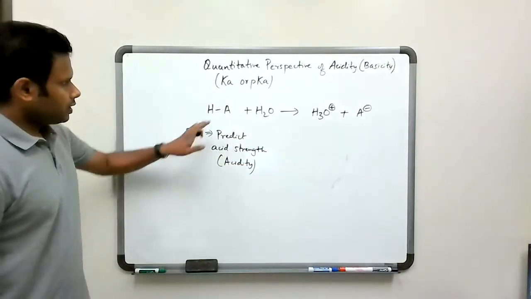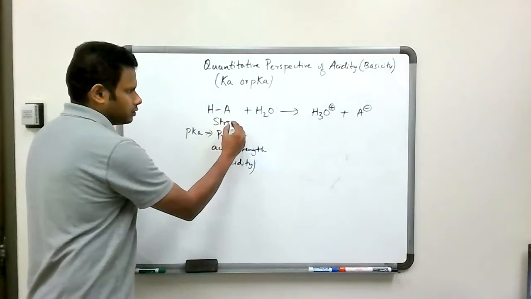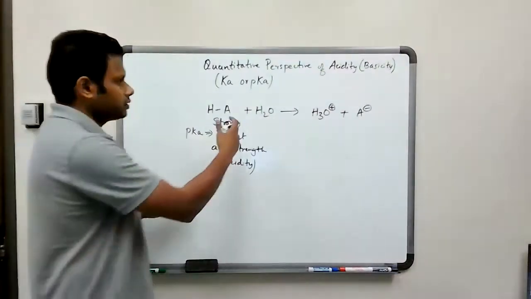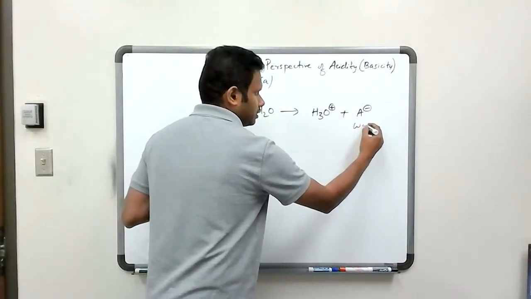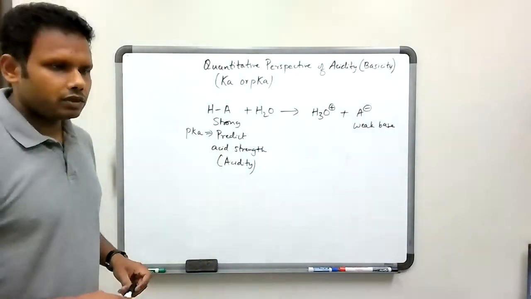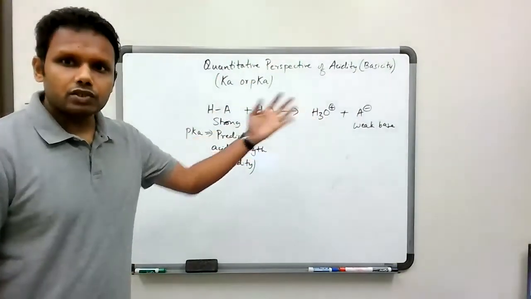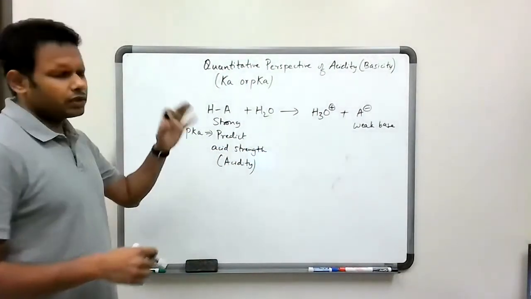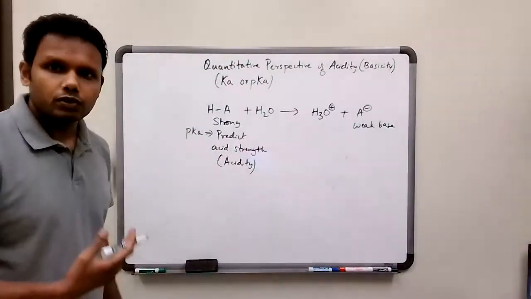Okay. So if HA is a strong acid, then its conjugate base, A minus, is a weak base. So we can also use pKa's to predict which is a stronger acid and which is a weaker acid, and which is a stronger base and which is a weaker base. Okay, so that is also possible here.